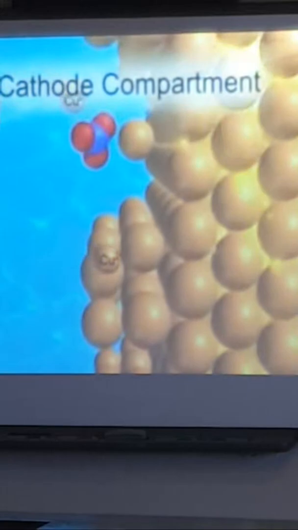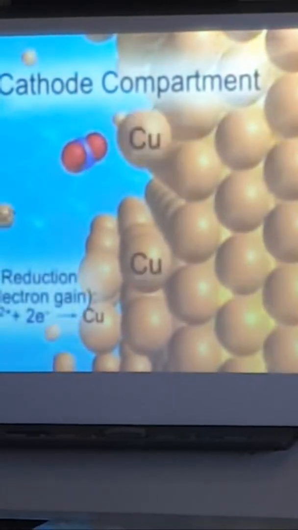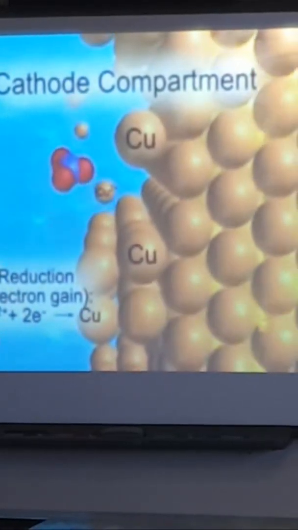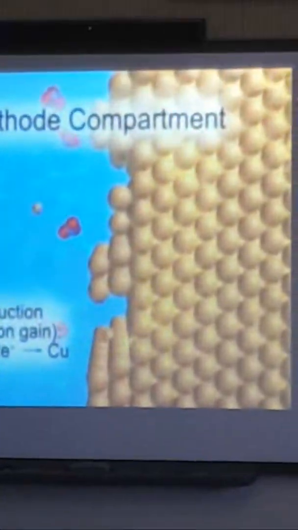The electrons given up enter the bar and join the flow of electrons up toward the external circuit. They travel through the wire and flow into the cathode, the site of reduction. When a copper-2 ion in the cathode solution makes contact with the copper electrode, it gains 2 electrons and is reduced to a copper atom, which deposits on the bar. Therefore, as the cell runs, the zinc anode becomes lighter and the copper cathode heavier.